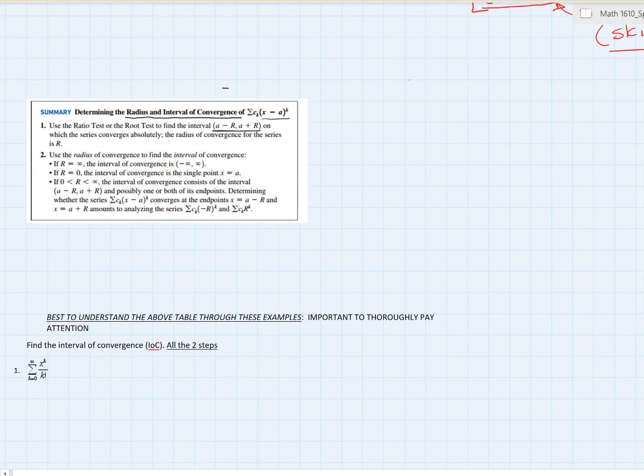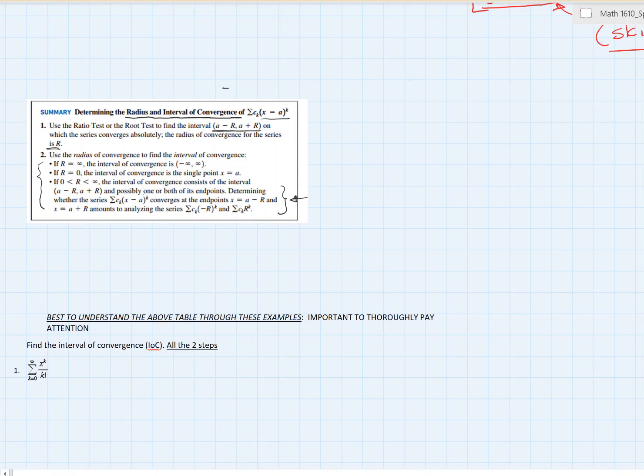The radius of convergence for the series in that case is r. And then here are the three possibilities. And the last step is what you're going to see in the examples coming up. That means checking at the endpoints.